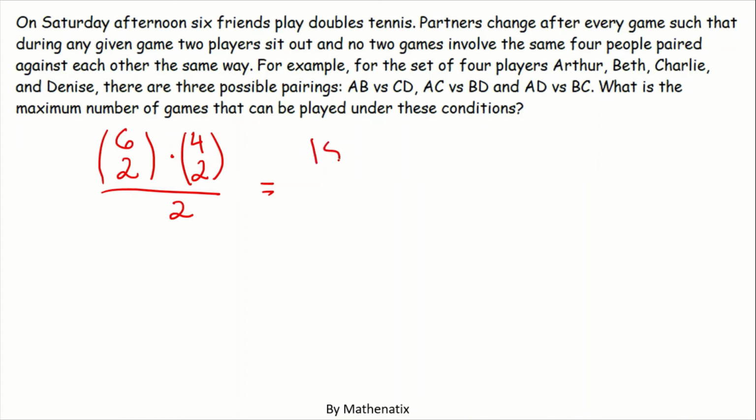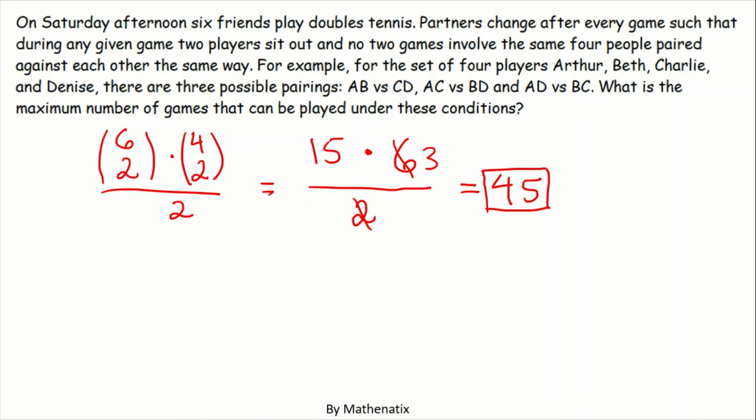So we have 15 here. Times 4 choose 2, which is just 4 times 3 over 2 times 1, which is 12 over 2, or 6. And then divided by 2, and we can cancel these, and we get 45. And 45 is our answer.